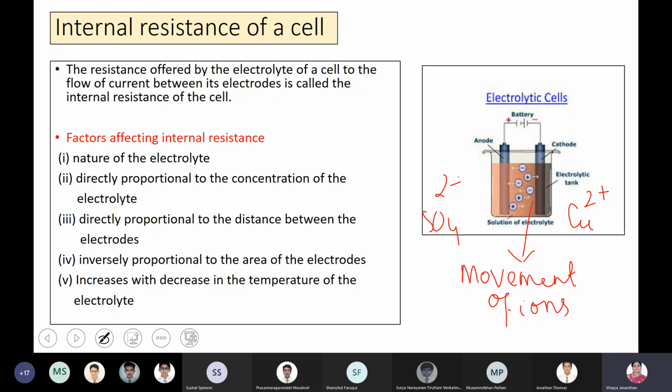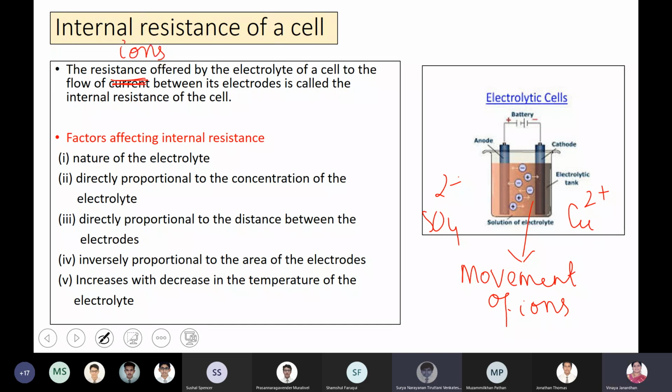Please write: internal resistance of a cell, the resistance offered by the electrolyte of a cell to the flow of ions.